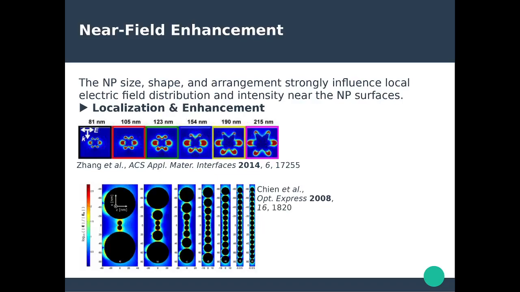Now, if you have nanoparticles that are organized and interacting with each other, you can really localize the electromagnetic fields in the gap regions between the nanoparticles. So you can really play with the size and shape of those nanoparticles to confine the local electric fields at given regions of the structure. So in that case, in the gaps between the nanoparticles.